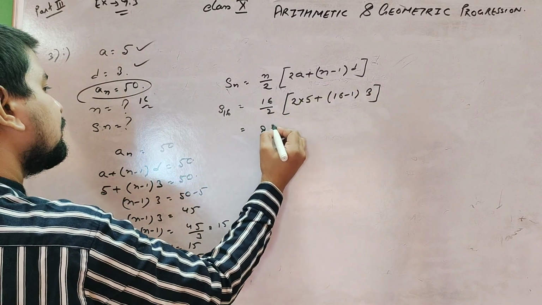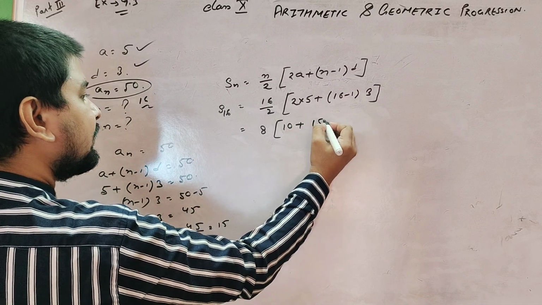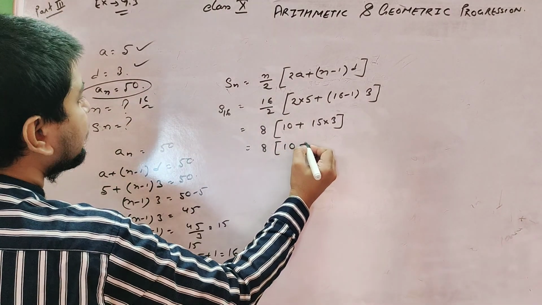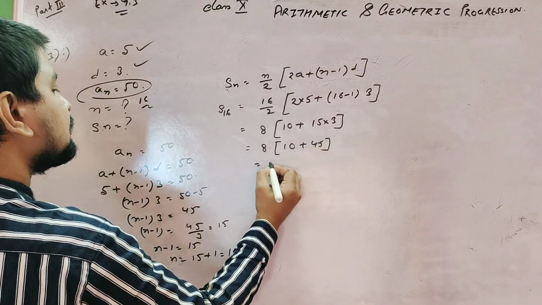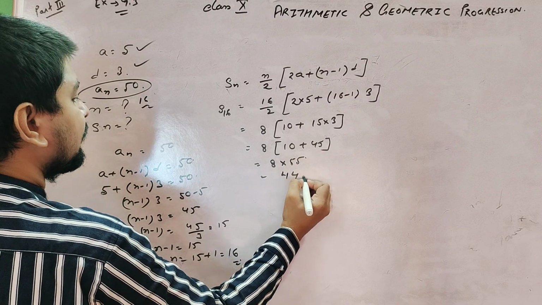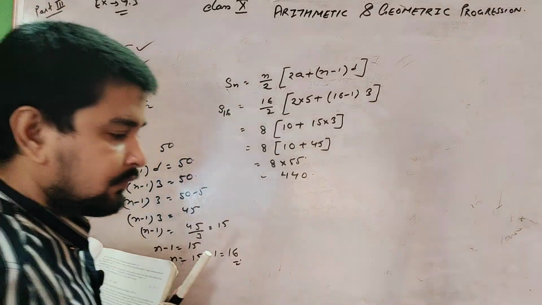So 16 upon 2 is 8, 2 fives are 10, 16 minus 1 is 15 into 3 is 45, so 8 into 10 plus 45, that is 8 into 55, that is 440. So S_n is 440. Note it.